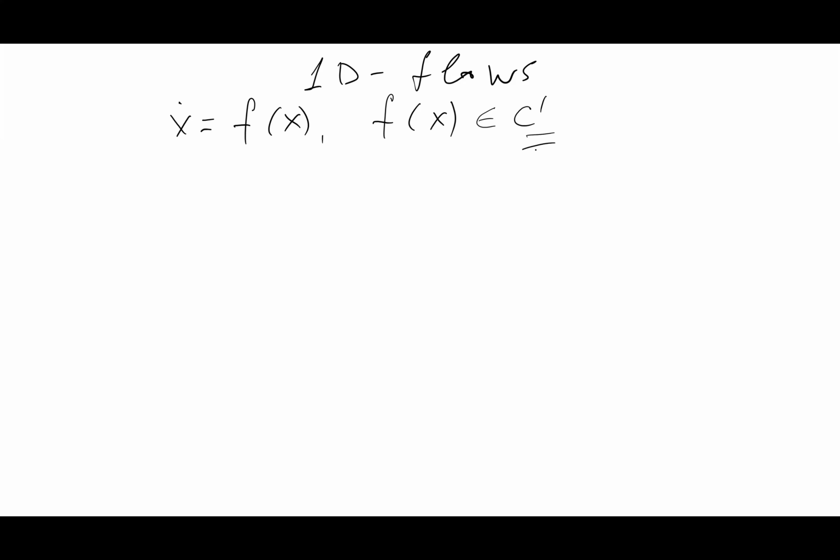C1 means the function f of x has a derivative for any value of x, and this derivative is continuous. So another point is about the domain for x. We can assume that x belongs to, it could be any real number, for example.